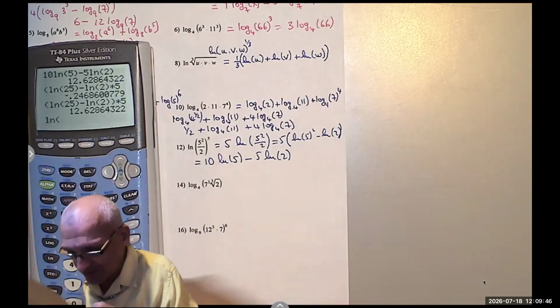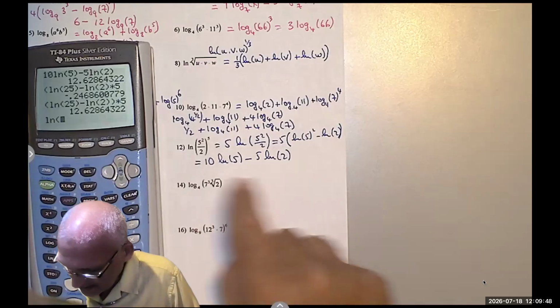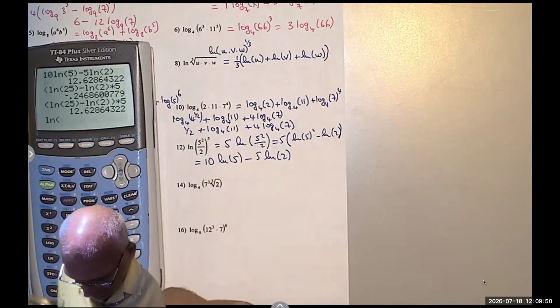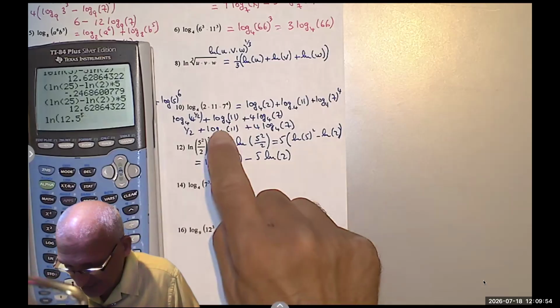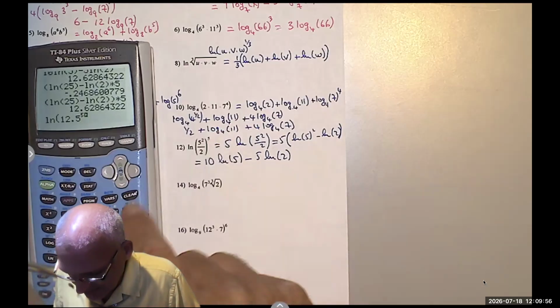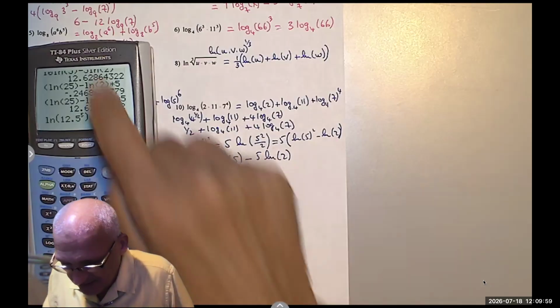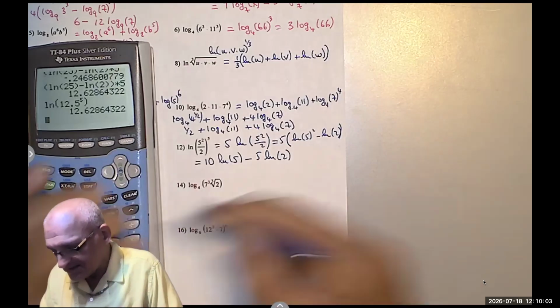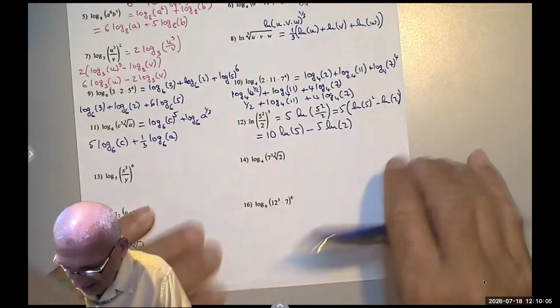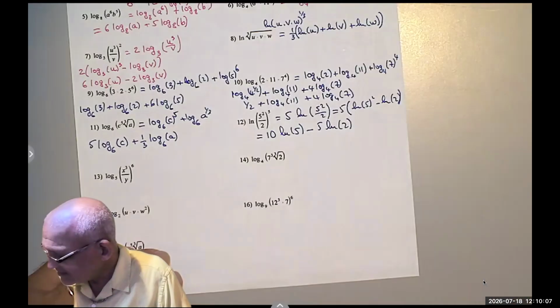Oh, yeah, I know what I did. It's correct. Natural log of 12 and a half to the power of 5. In the beginning, I raised the whole thing to the power of 5, so you get the same result. I'm sorry, guys. Okay, next.